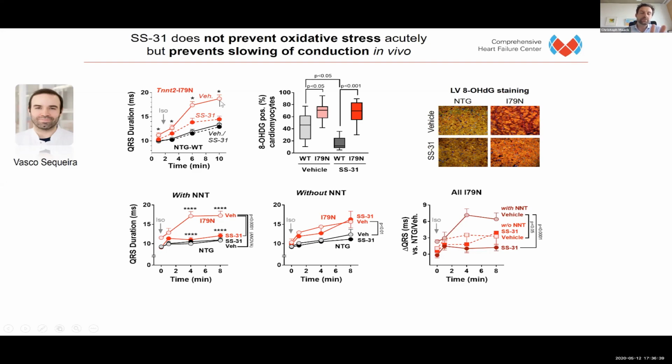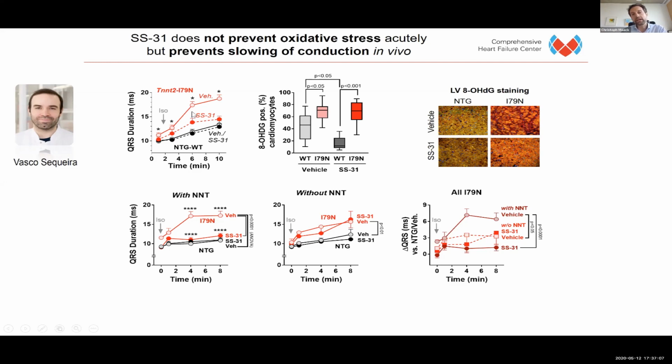And this is something that gives a substrate for in vivo arrhythmias. Then in the second group, we pre-treated these mice with the compound SS31, and we observed a blunting of this QRS broadening in the I79N, while the compound had no effects in the non-transgenic mice.